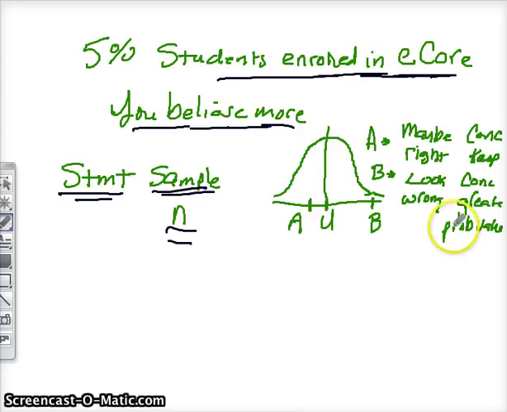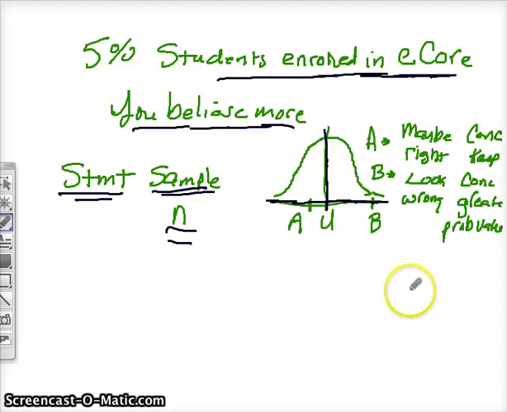Now, let's just say you have a sample, and down at the bottom are the values, the percentages, if you would. Of course, this really should be p hat, right? But we'll just say this value represents the claim.